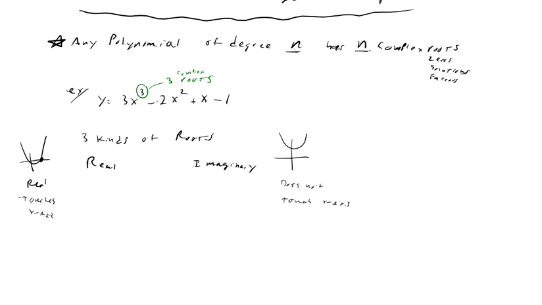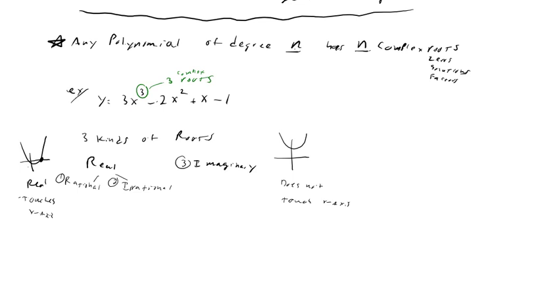And even with the real roots, there were 2 different kinds: rational and irrational. So these were the 3 flavors of roots: rational, irrational, and imaginary.